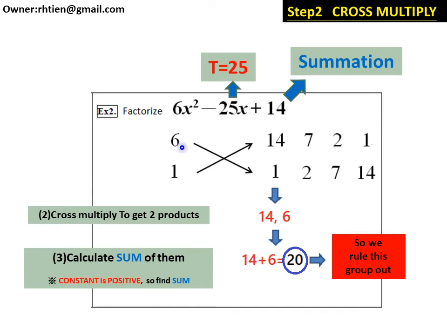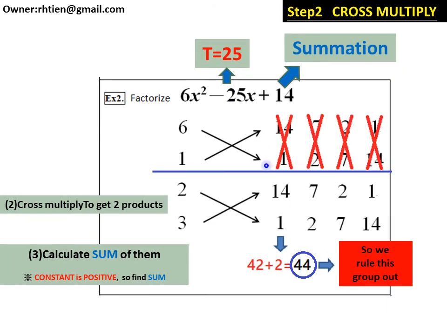And we cross multiply to get two products. 6 times 1, 1 times 14, we get 6 and 14. Because the constant is positive, we find the summation of them. And their summation is 20. 20 is not the target number 25, so we rule this group out.